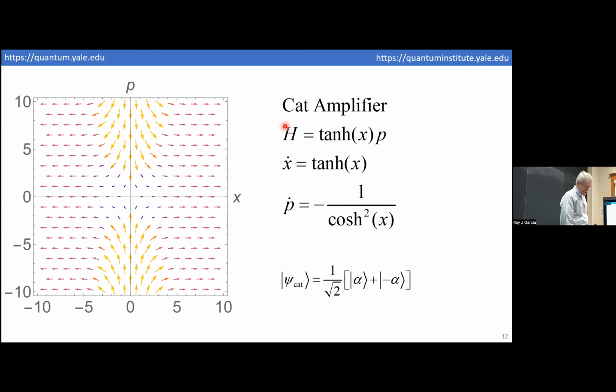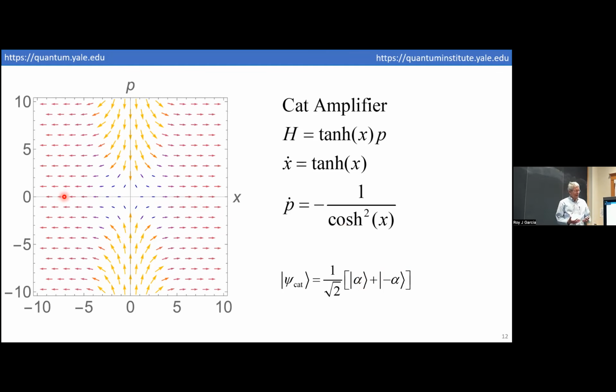Here's a Hamiltonian that we like to call a cat amplifier. Suppose I had a Schrodinger cat state, which we're going to try to make later on. It's a superposition of a coherent state, a displaced vacuum, which sits at some point alpha here, in superposition with sitting at this point minus alpha.